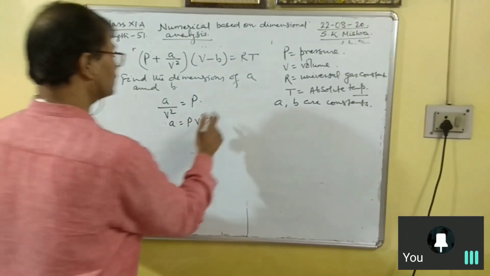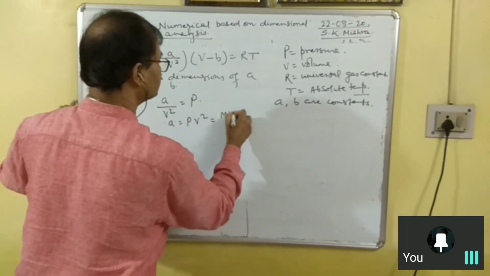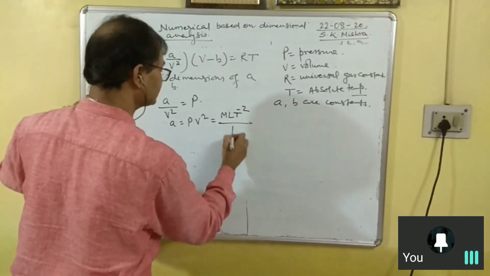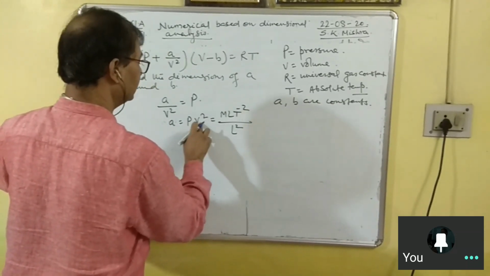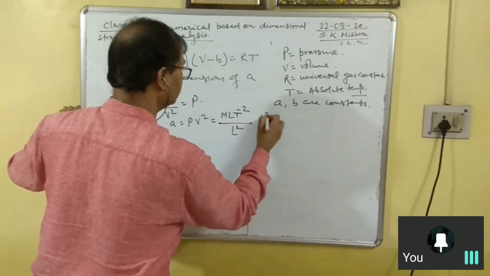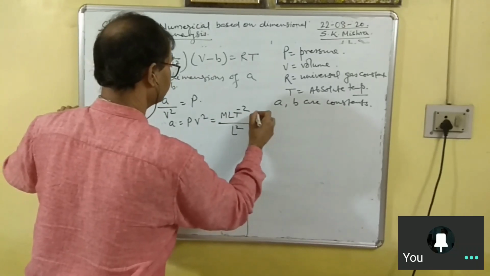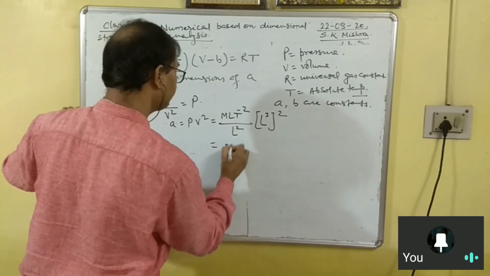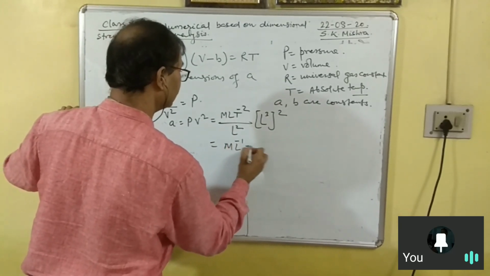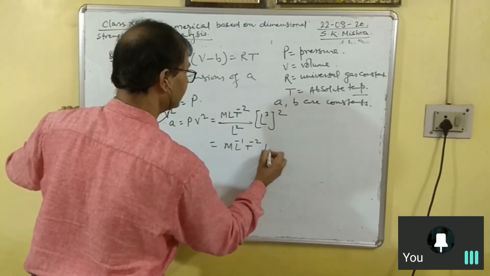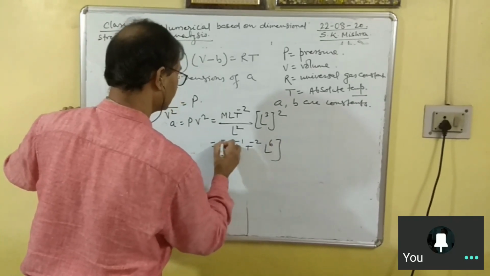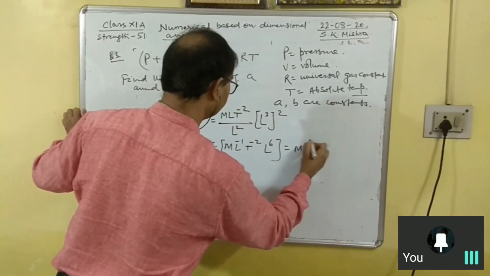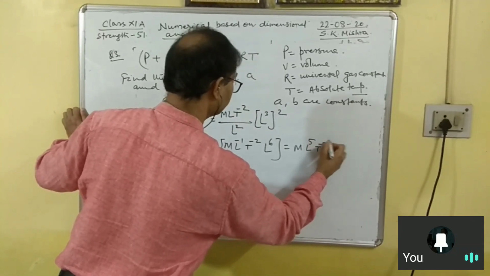Force is M L T minus 2, mass into acceleration, and area is L square. This is pressure, into V, which is L cube, squared. So you get M L raised to minus 1, T raised to minus 2, and then L raised to 6. Finally you can write M L raised to 5, T raised to minus 2 as the dimension of A.